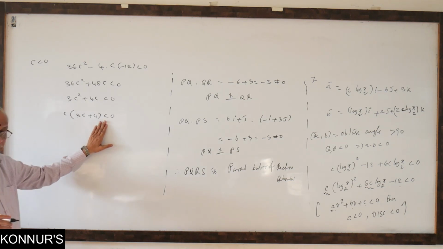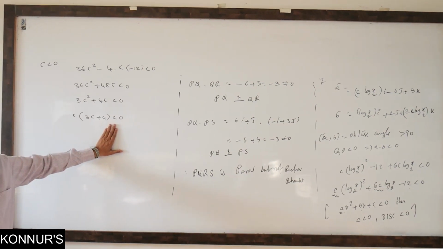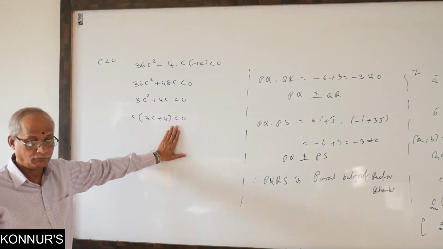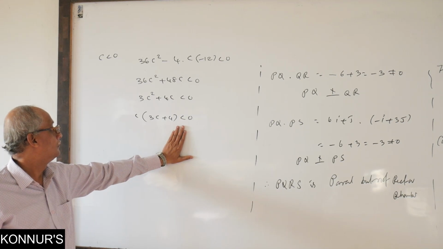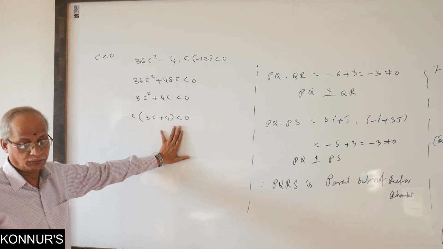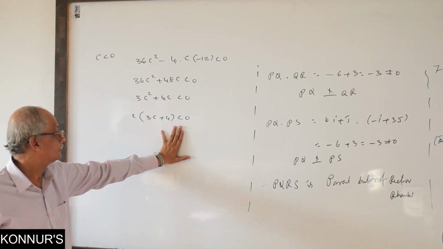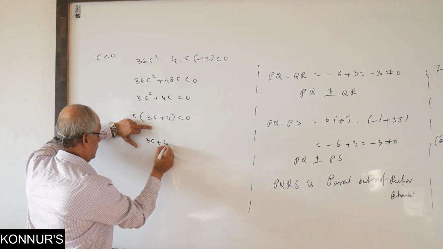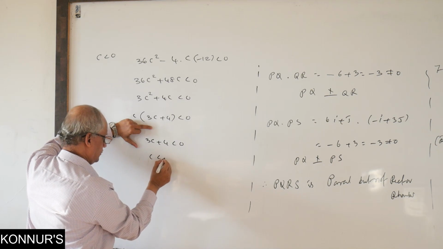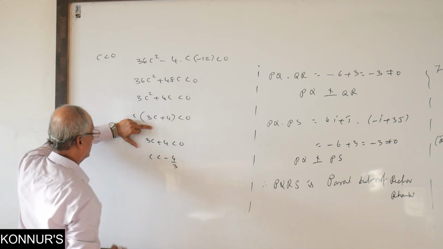Product is negative. Okay. Then 3c plus 4 less than 0. What is the c value? Minus 4 by 3.